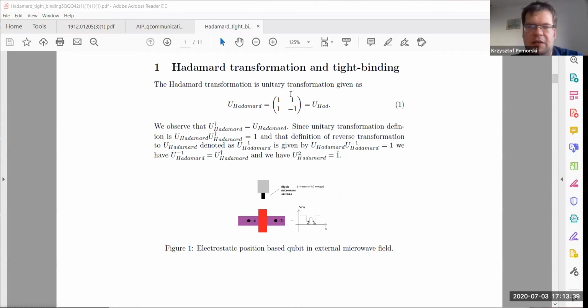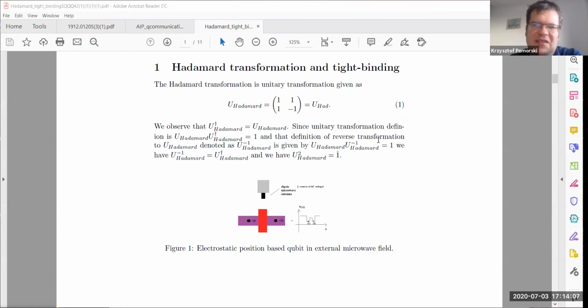As you can see, there is a definition of the Hadamard transformation that is given by equation 1, right? It's a matrix, and then basically we need to find out the way of representation of this Hadamard transformation in physical systems.